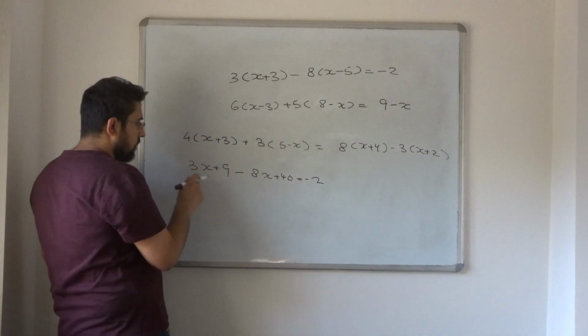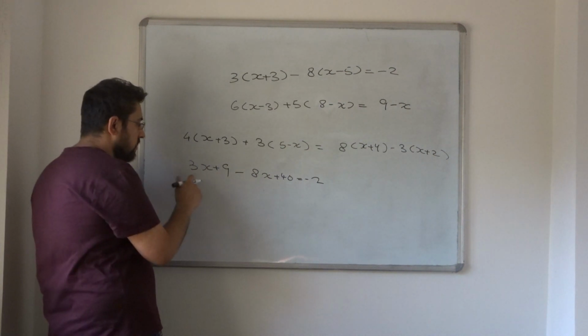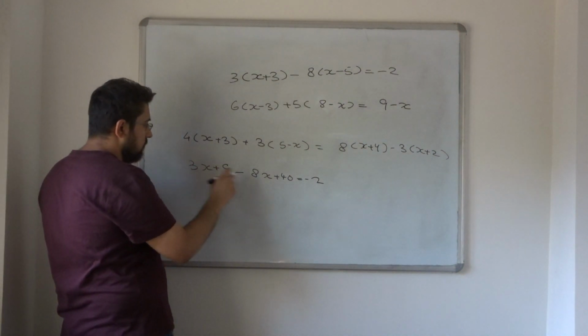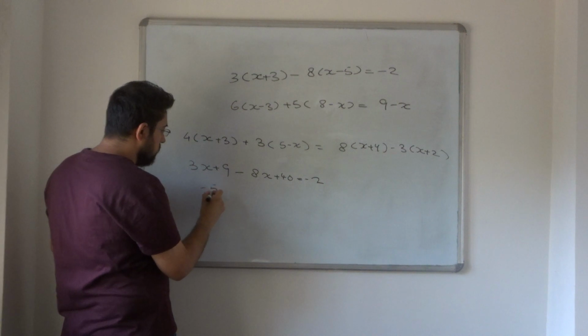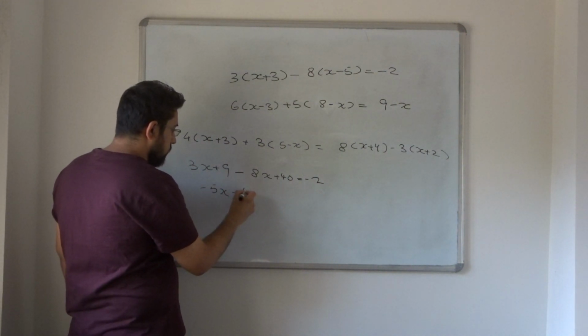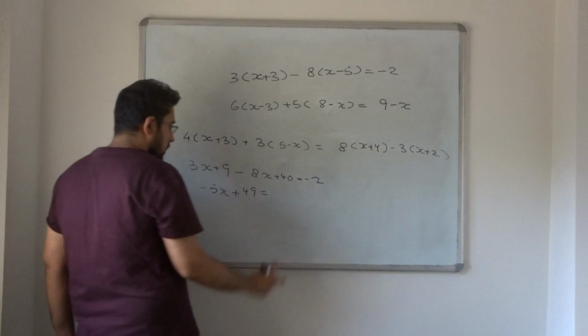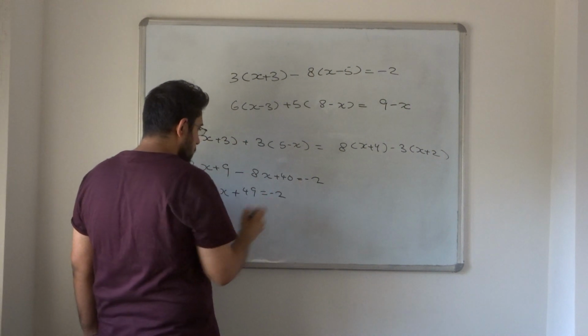Now what you do, you combine like terms obviously. So you have 3x minus 8x is negative 5x. 9 plus 40 is 49. And then you have minus 2.